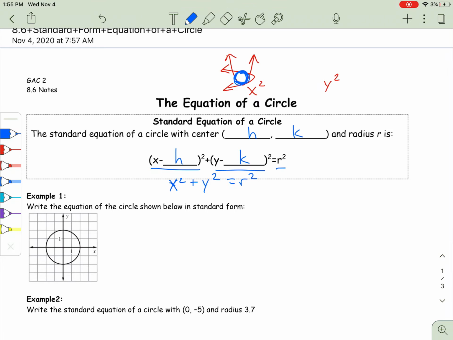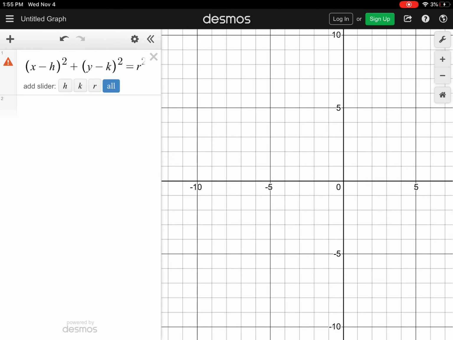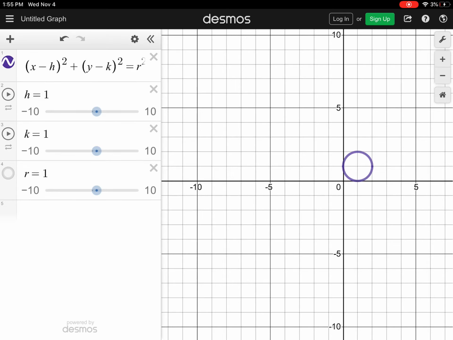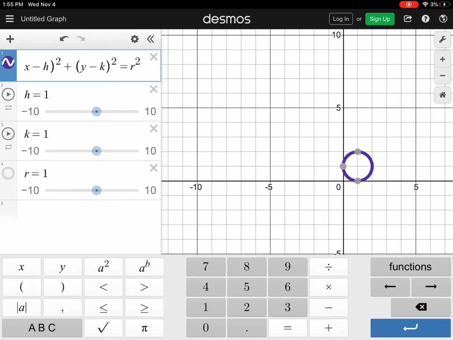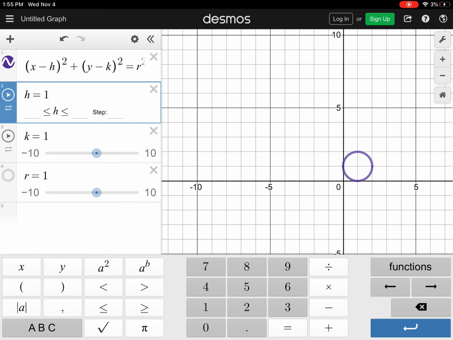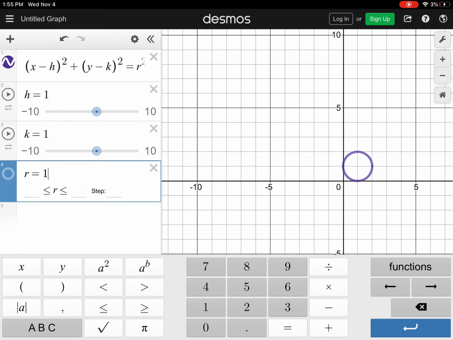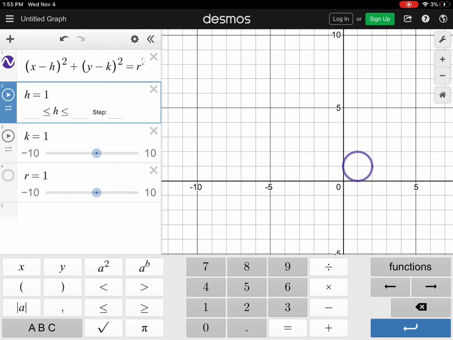So in class today, we did a little exploration, and I thought I would do it for you here so you can see. When you type that equation into Canvas or into Desmos, and you click all, it populates these sliders. What these sliders are, are numbers that are input for those letters, the h, k, and the r that you're not used to seeing.